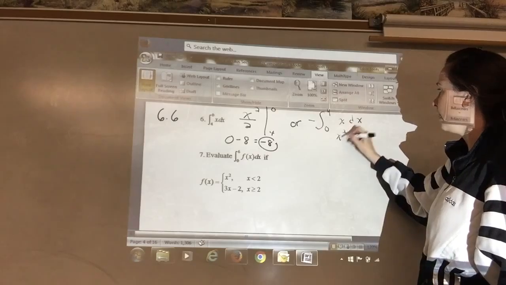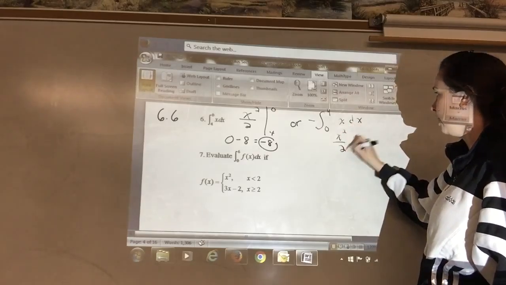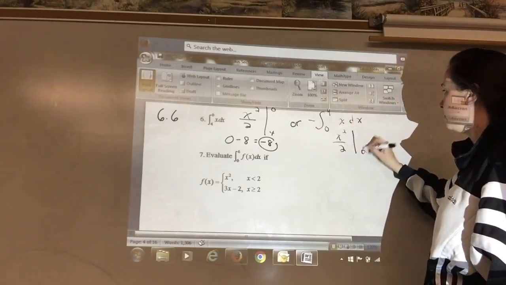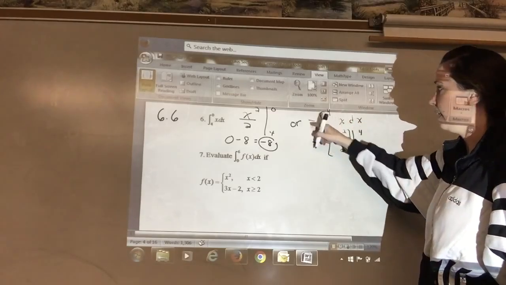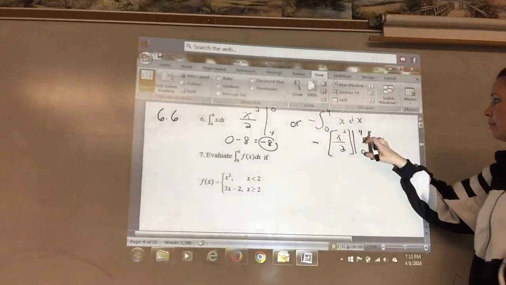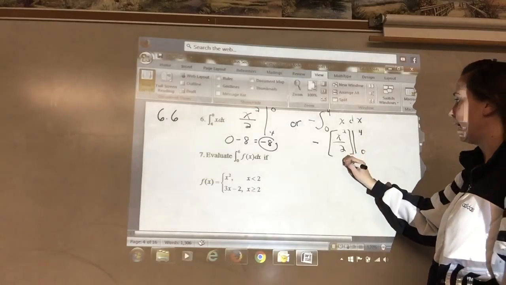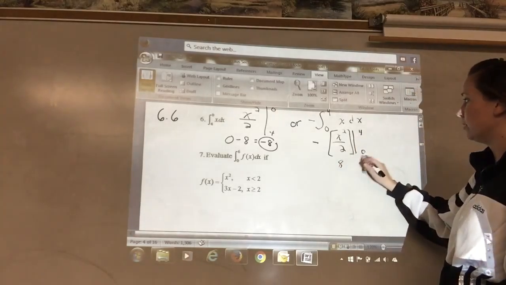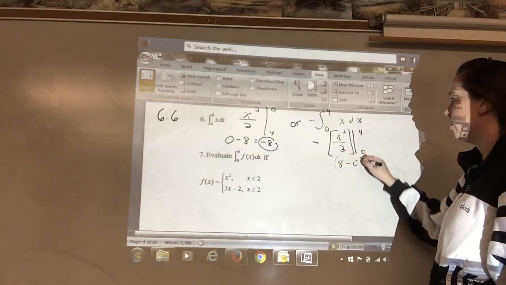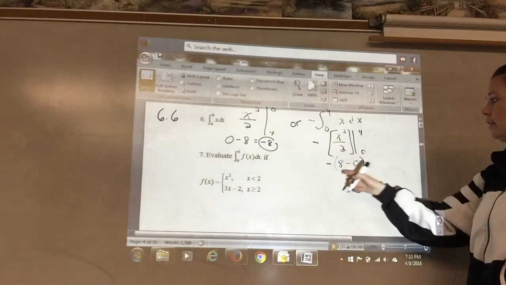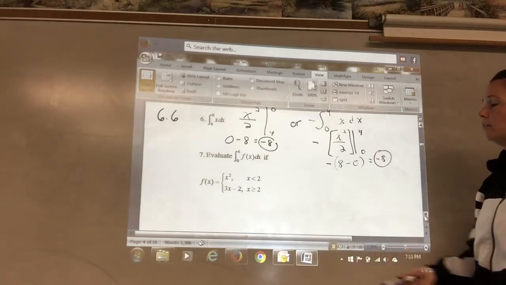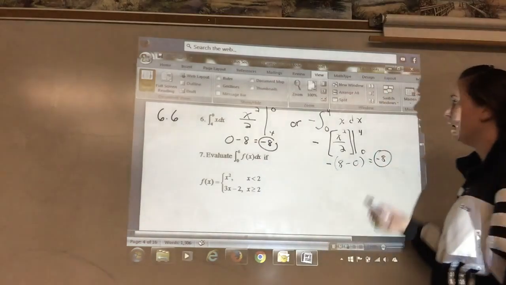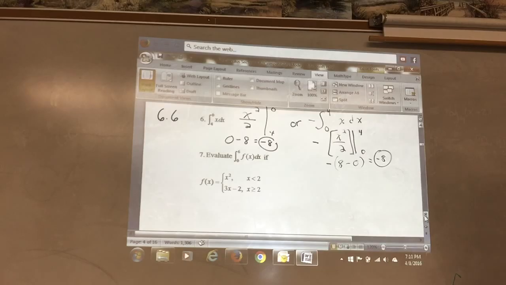So again, x squared over 2, and I have to evaluate that from 0 to 4. I'm going to put that in brackets and stick this negative out front. When I take my 4 and sub it in, again, I'm going to get 8. When I take my 0 and sub it in, I'm going to get 0, creating this look, and in the end, you see I'm still getting negative 8. Okay? So honestly, I would just go straight forward and do it this way, but it's kind of cool to show you how that works.